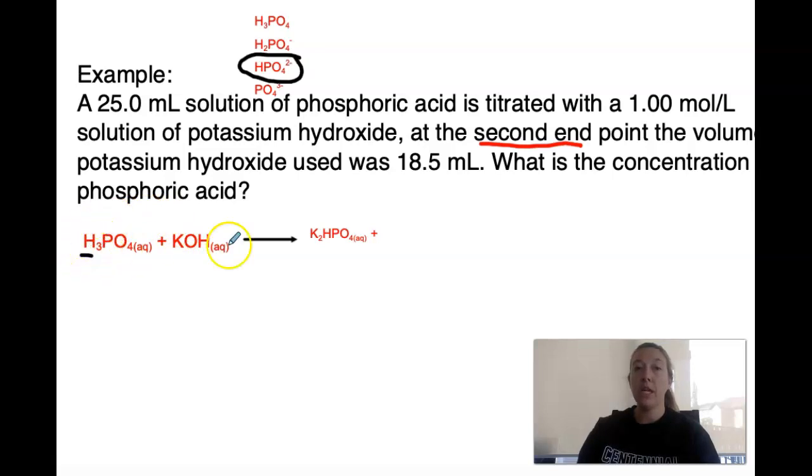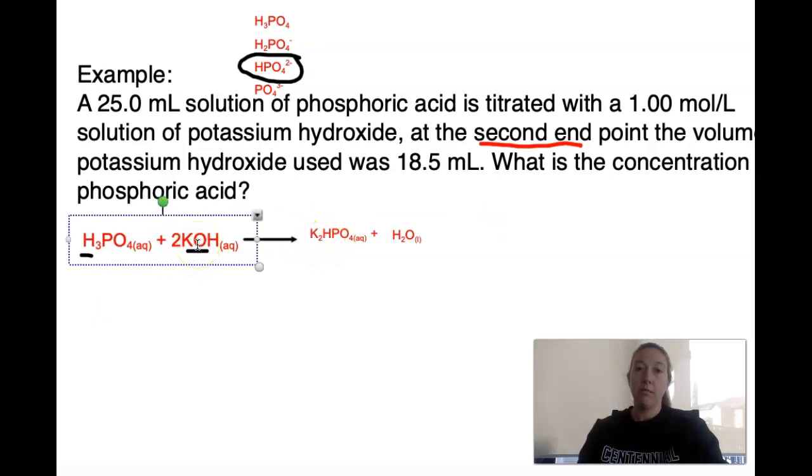So that means these H's are going to go with the OH's, which makes sense because most of the time when we do a titration, one of our products is generally going to be water. So this equation isn't balanced. And I know it isn't balanced because I have 2 Ks over here, but only 1 over here. So we're going to fix that by putting 2 KOH in.